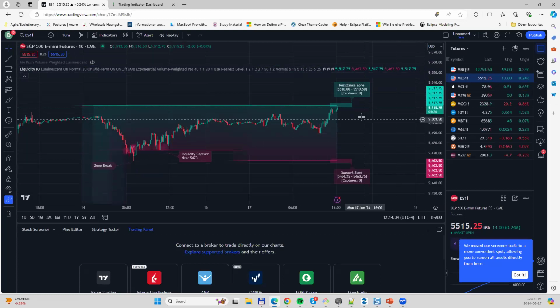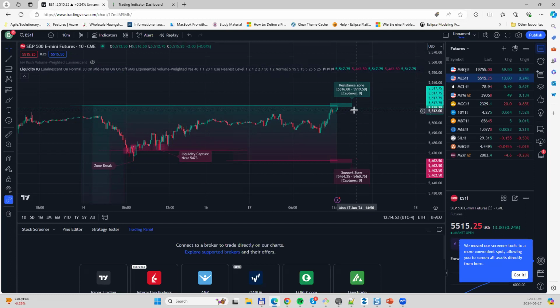Look at this. It actually clearly shows you, well, up here, this is a resistance zone. It even tells you what is the estimated range of this resistance zone, because it's very important to realize that we're talking about zones here. These are not lines in the sand. These are actually zones.